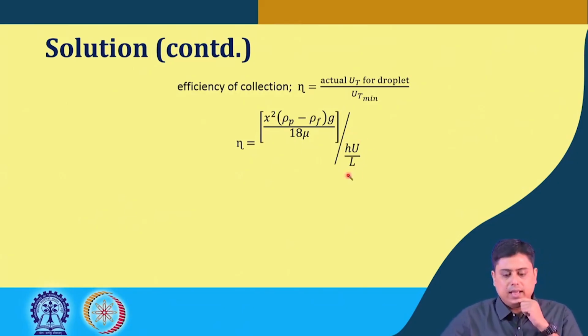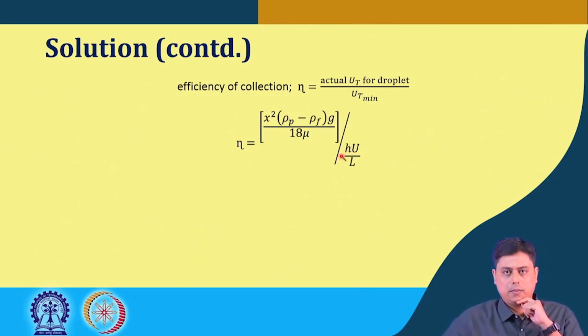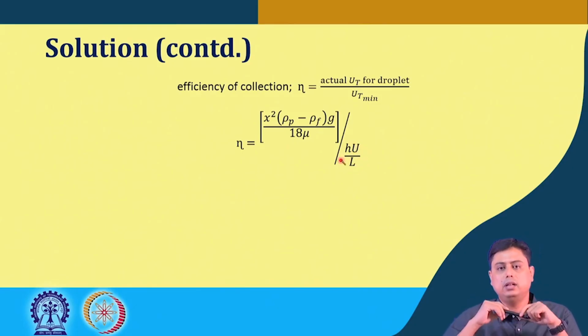So, this collection efficiency is now expressed in terms of the particle diameter, density, the fluid density, fluid viscosity, which means the fluid property, as well as the H, which is the separator geometry. This H depends on the separator design, along with the fluid flow rate, assuming a uniform flow rate, and L is the separator length.